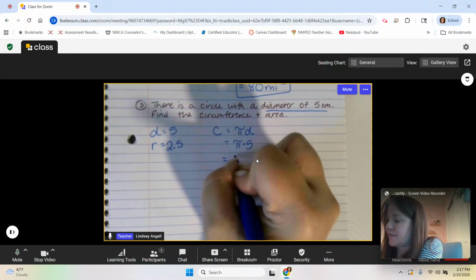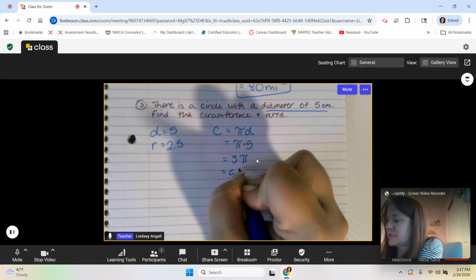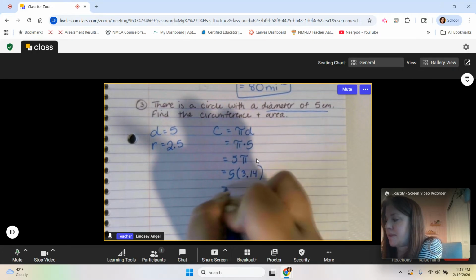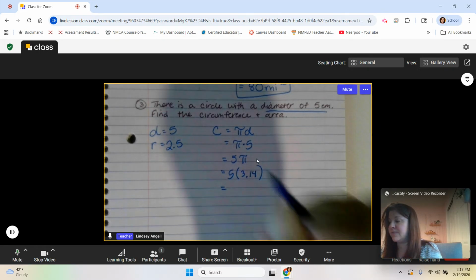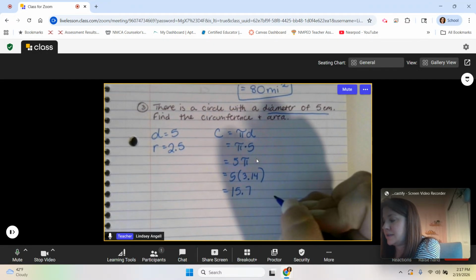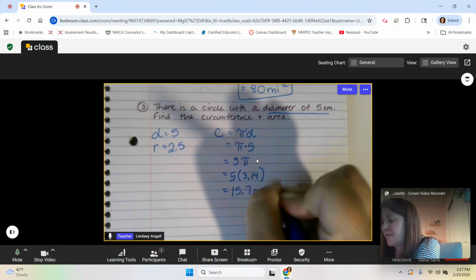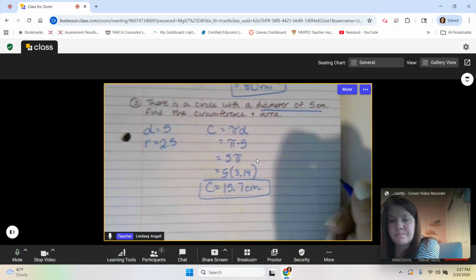Now we could leave that as 5 pi, or if we replace pi with 3.14, which is a very common thing to do, we would have 5 times 3.14, and 5 times 3.14 is 15.7. Now this is just a length, so in this case it would just be 15.7 centimeters for the circumference.